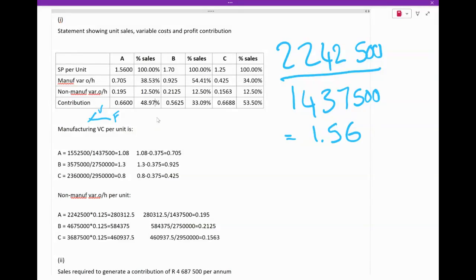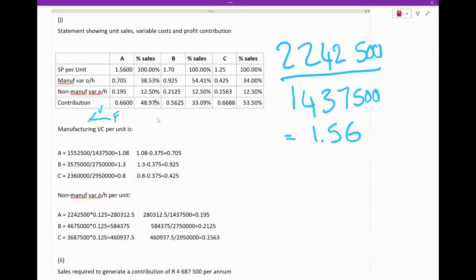If you want to double check, you can just take 100 and minus the 2 overheads. 38.53, then minus 12.50, and we're getting the same thing.